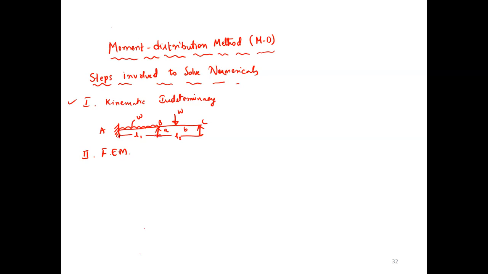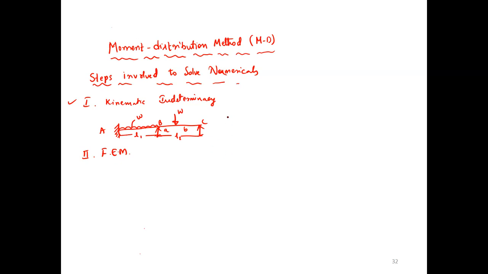What is MFAB? It's WL square by 12, WL1 square by 12. Yes, WAB square by L2 square for this, and for this WBA square by L2 square. You know that. Plus or minus, depending on sign, we just use the formula.